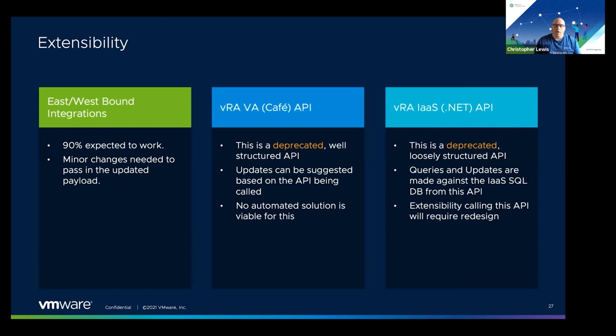And if you're doing XaaS in vRA 7, putting an XaaS form in front of a workflow, then you can do exactly the same thing in 8. You can take that workflow, put it into the service catalog, create a custom form, and then consume that as a catalog item. That part of it doesn't really change. Where the change happens is if you're using VRO to run VRA in 7 using the Cafe API or the .NET API, that's just not going to work.